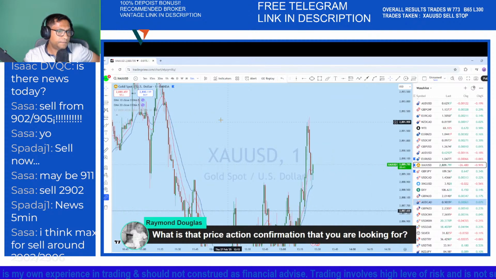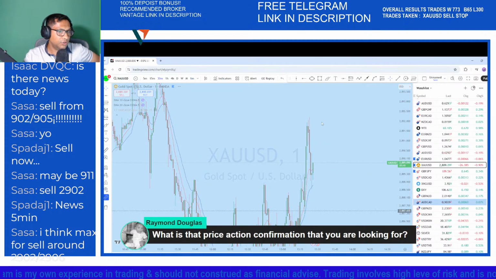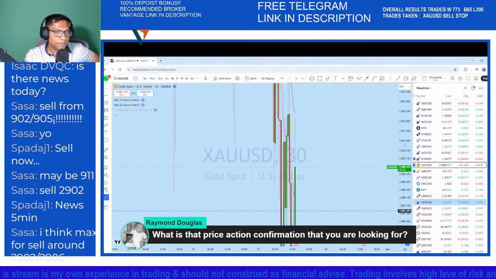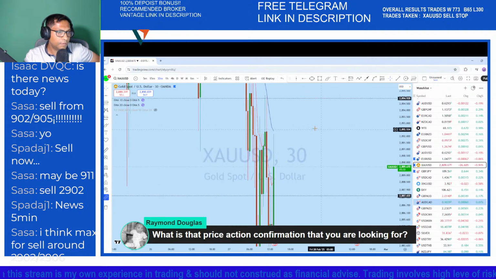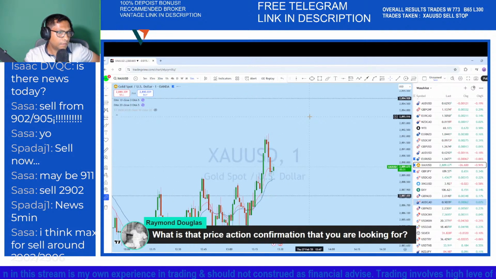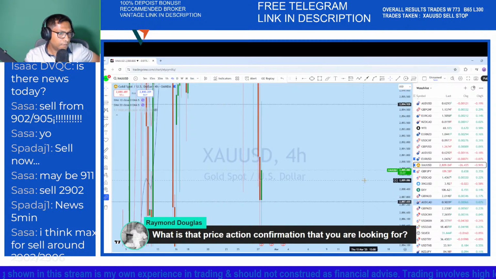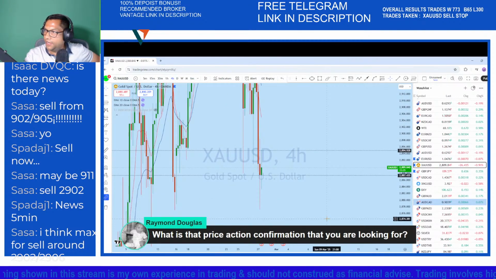So here, where the market is potentially heading, it dropped back again to the 4-hour support.